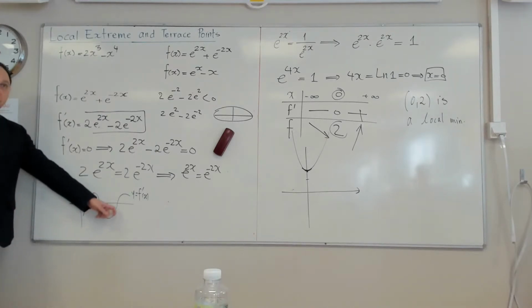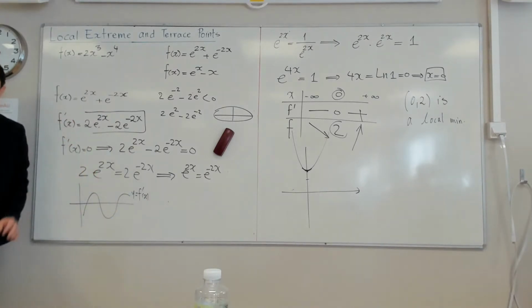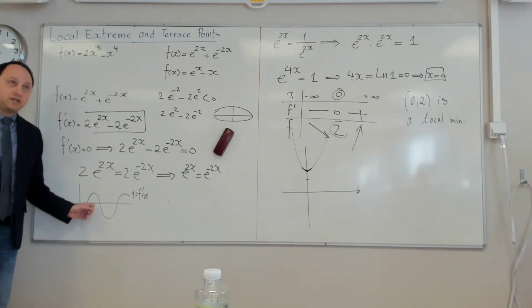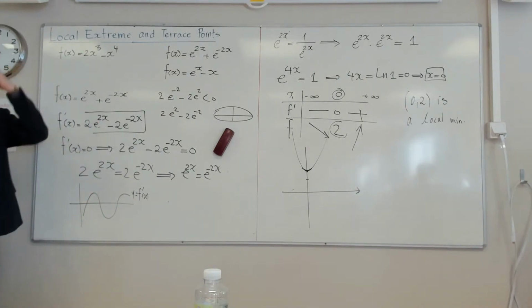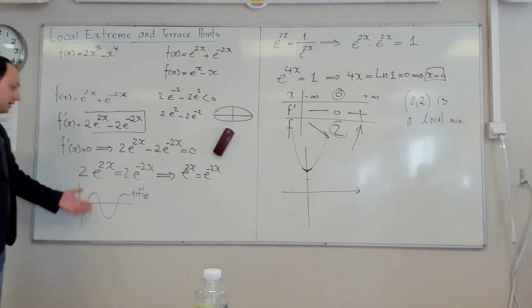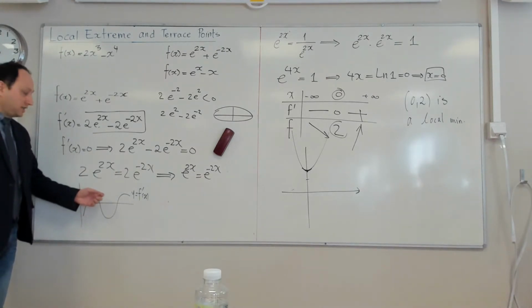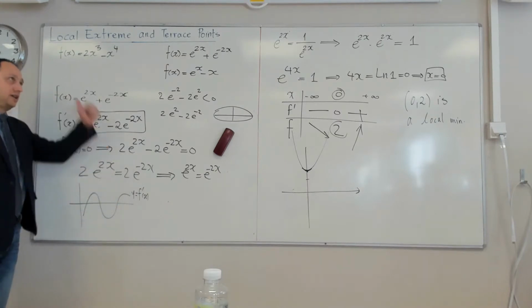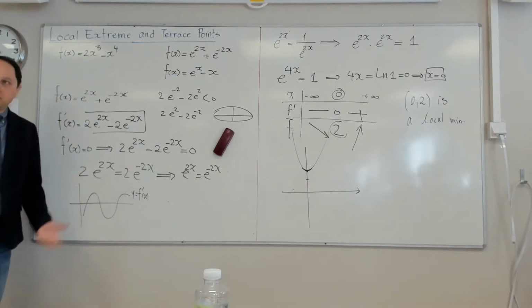They give you the graph of the derivative of the function, and they ask you for some information about the function itself. Okay? Which is not easy to do. You cannot say that by looking at the graph of the derivative, I can guess what the function itself is. No, there is no guessing.